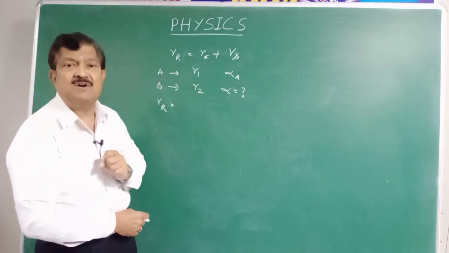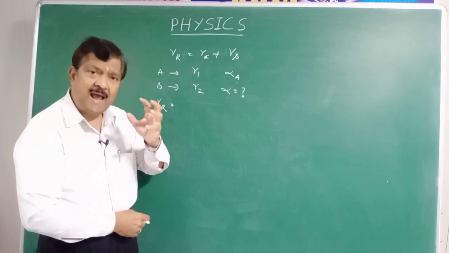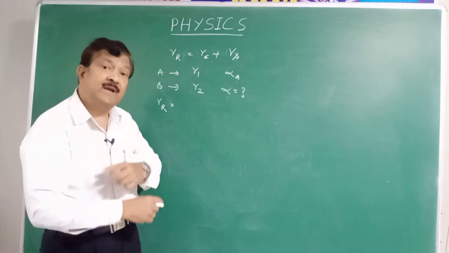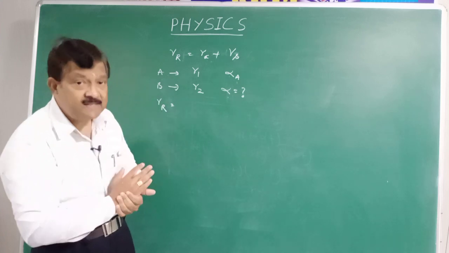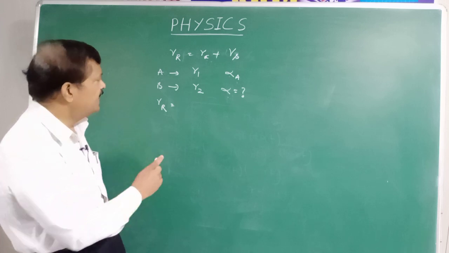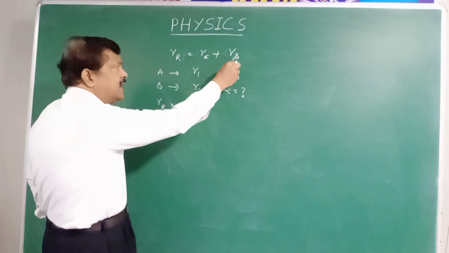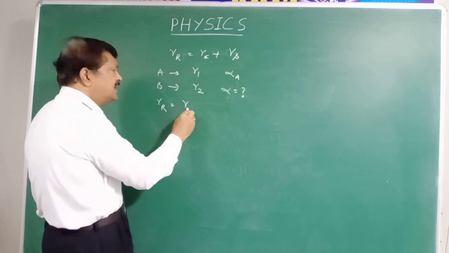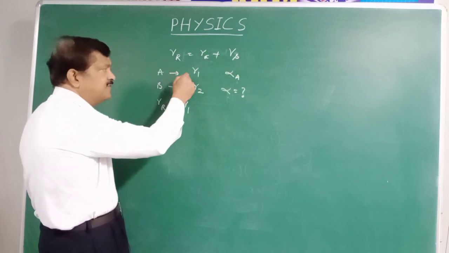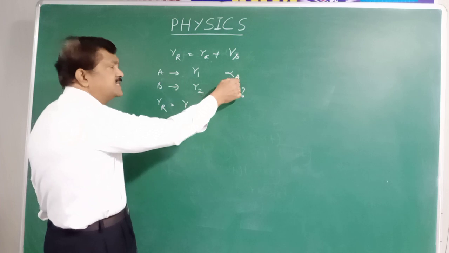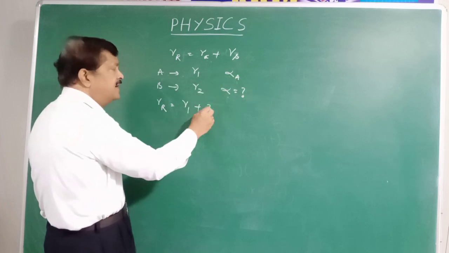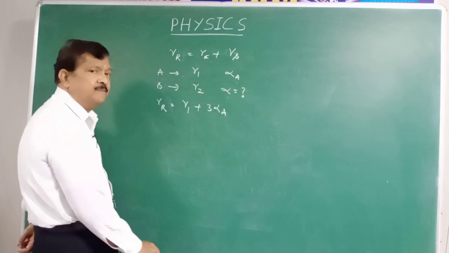But real expansion is the absolute property of the liquid, so in any container, gamma R remains constant. Therefore, gamma R equals gamma apparent plus gamma of the container. So it is gamma 1 in case of A, plus gamma of this container, which, because alpha is given, is 3 alpha A.